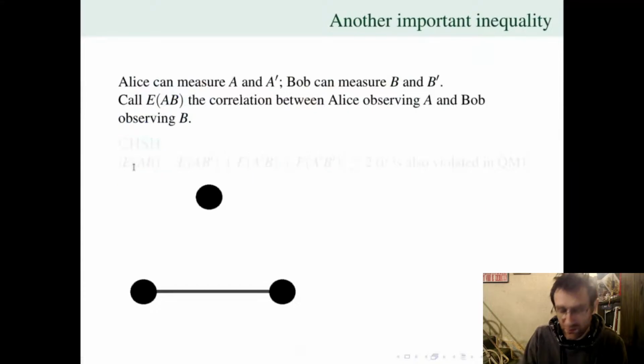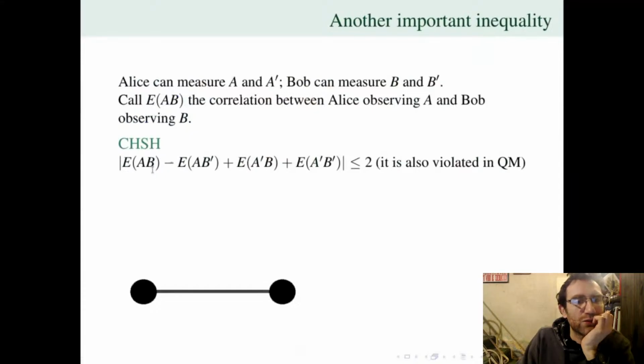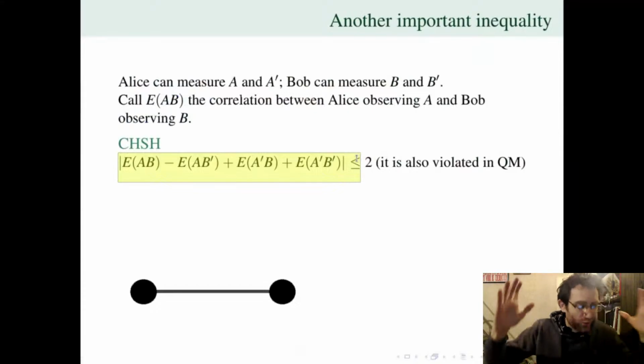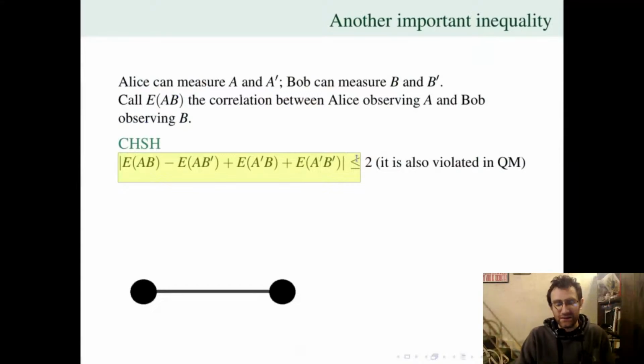So if the correlations associated to a quantum state are greater than 2, then they cannot be simulated using local realism. This is the message behind this inequality. Well, this is the well-known quantum non-locality in its most popular version.